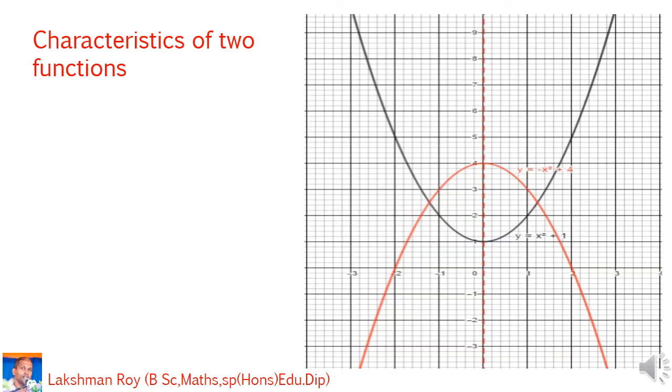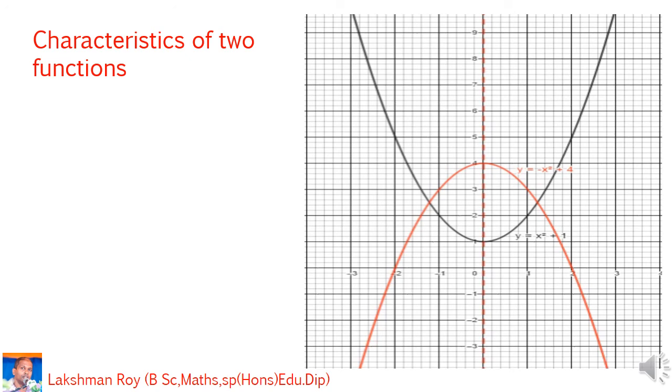Now see the characteristics of these two functions, students. This is my first graph, y equals x squared plus 1. This parabola is a parabola of minima, and this is a minimum point.